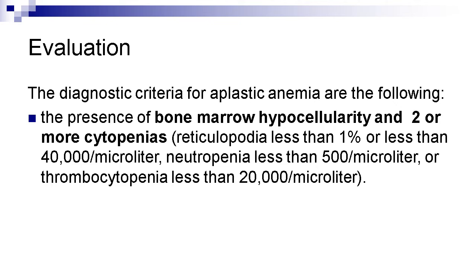There should be bone marrow hypocellularity in the bone marrow biopsy, plus 2 or more cytopenias: either reticulocytopenia, that is reticulocytes less than 1% or less than 40,000 per microliter, or neutropenia, less than 500 neutrophils per microliter, or thrombocytopenia, platelets less than 20,000 per microliter.